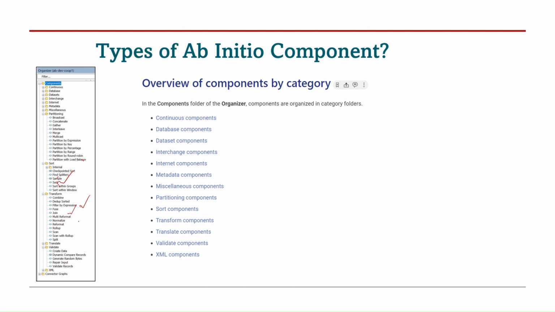If you want to do any mapping changes or transform functions, you use the reformat component. Like this, for every functionality we perform in Ab Initio, we use different components. We will go through each and every component in our next lessons.